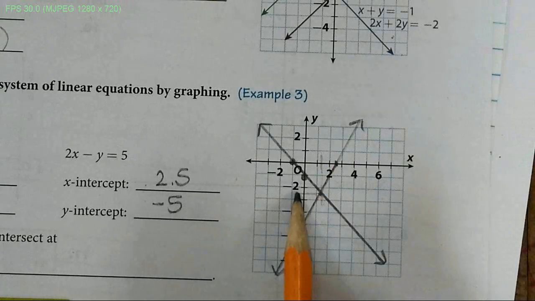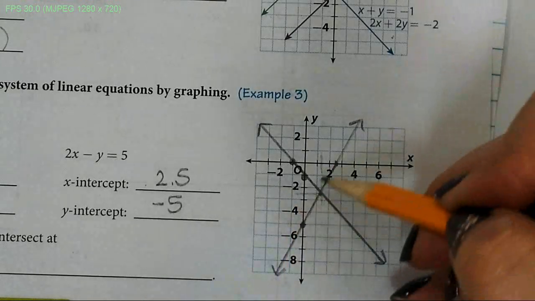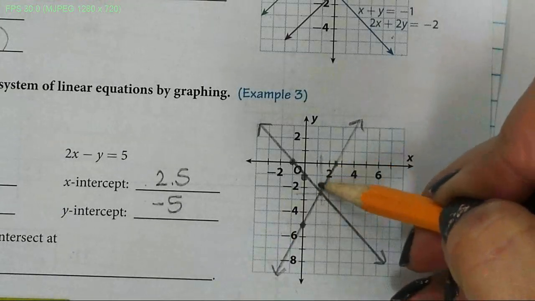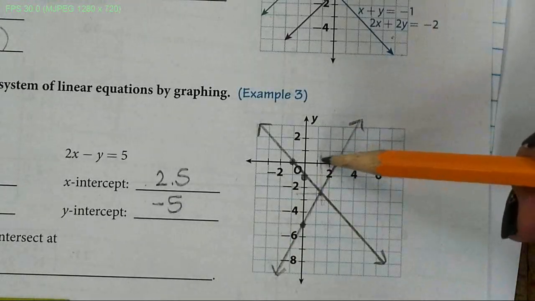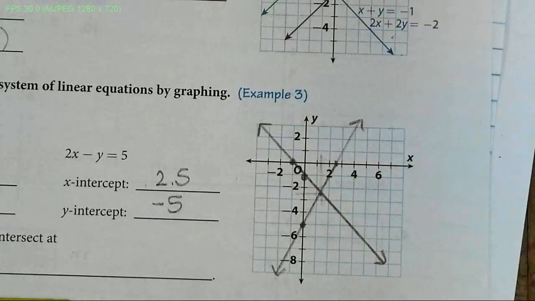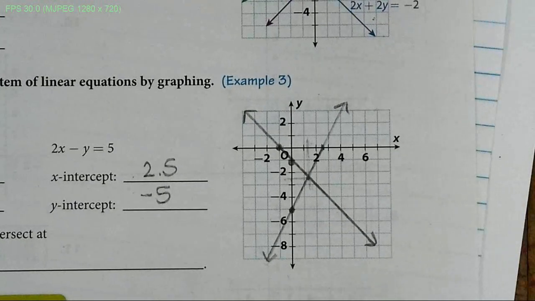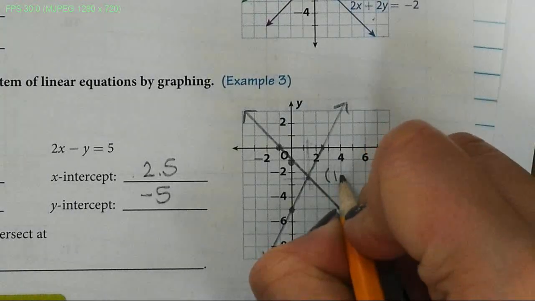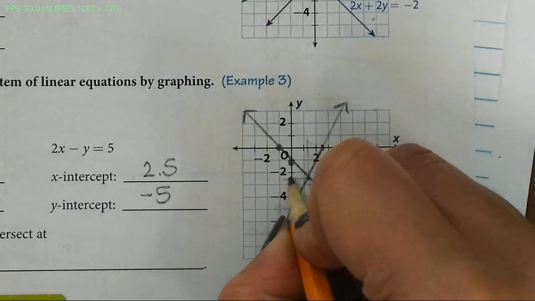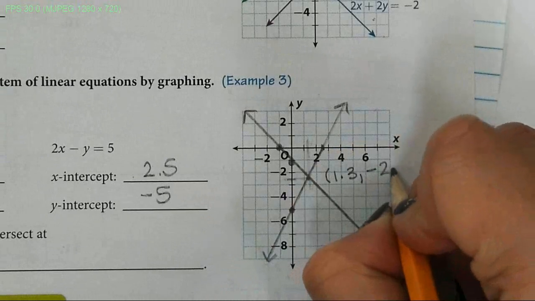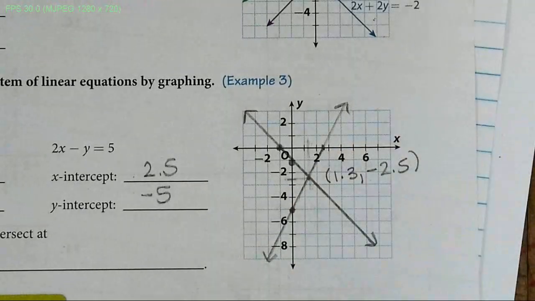So I'm going to say that this is at a -2.5 for my y, but my x value is not exactly a 1.5, but it is more than 1. So I'm just going to say maybe like a 1.3, somewhere in that area. So I'm going to say that this was 1.3 and like a negative 2.5. Okay, again, this is an estimate.